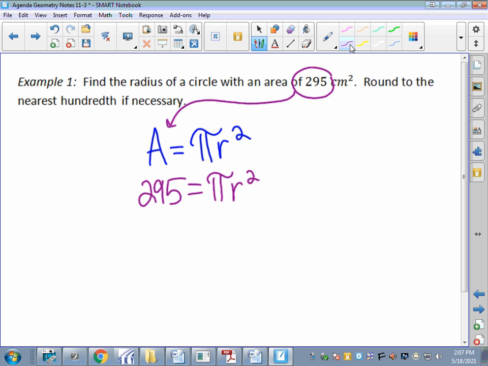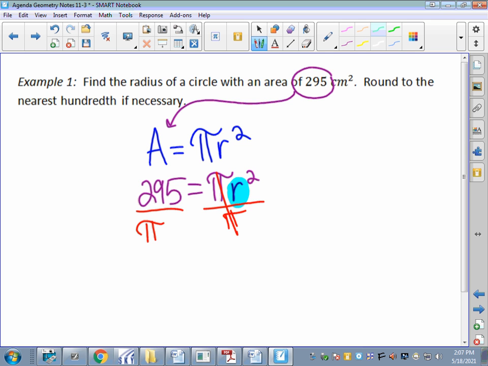You probably realize if I want to get the r by itself, I've got to get rid of two things. I've got to get rid of the pi and I've got to get rid of the squared. I cannot square root until I get rid of the pi. So I'm going to divide both sides by pi. I'm not even going to my calculator yet. I am not going to round because that's just going to make a big old mess.